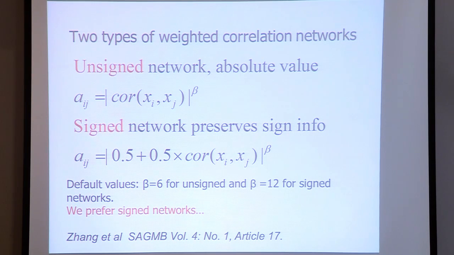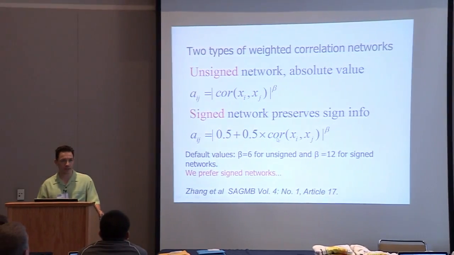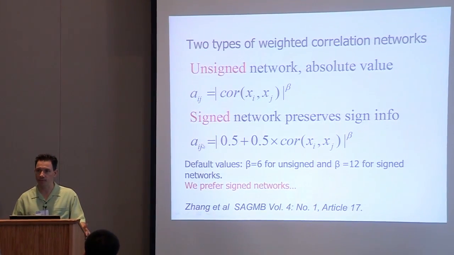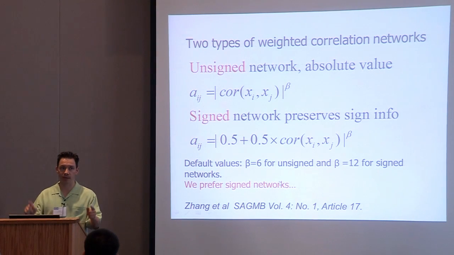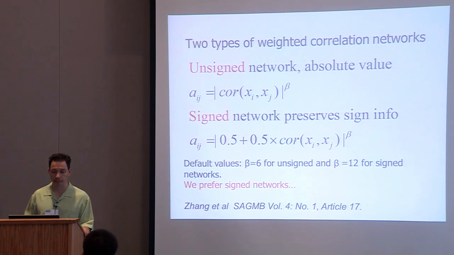So just to repeat the question, because we're actually being filmed. The question is, when you use a signed network and you have a correlation of -1, then you can calculate that the adjacency is 0, which is good, because when two genes are negatively related, we don't want them to end up in the same module in a signed network.